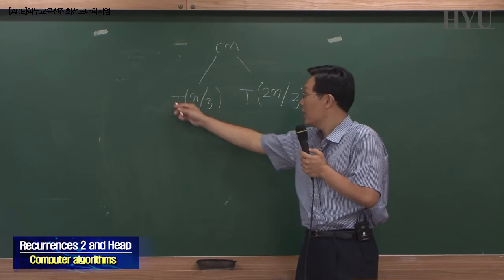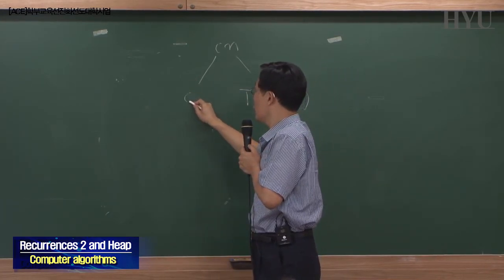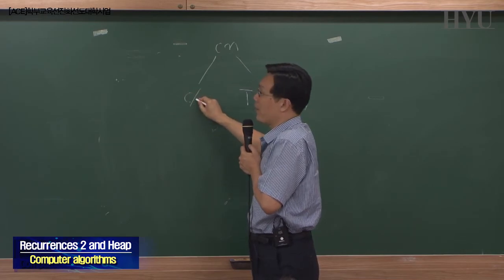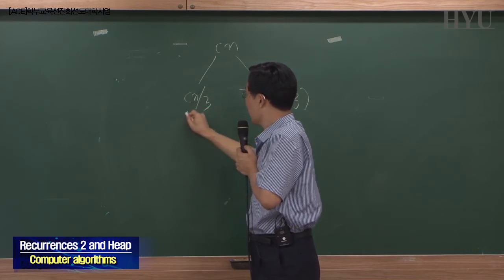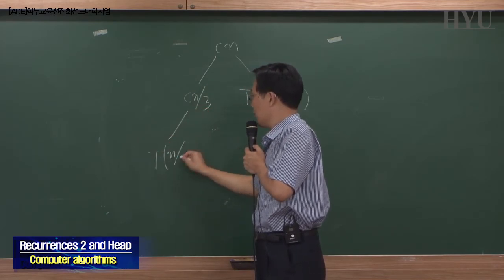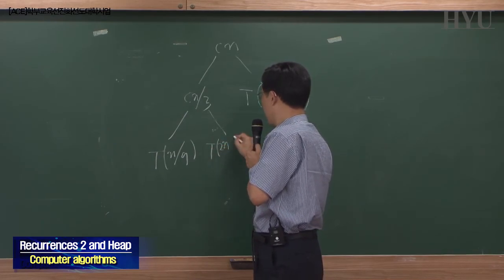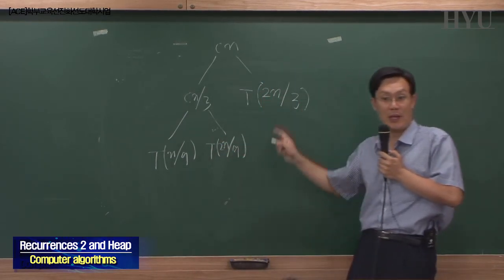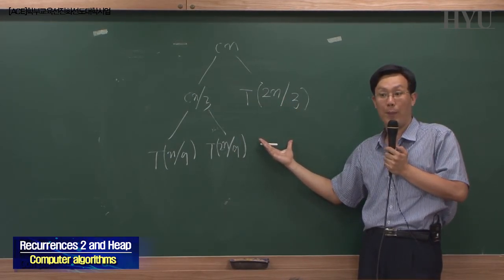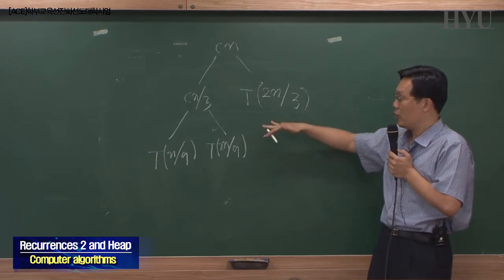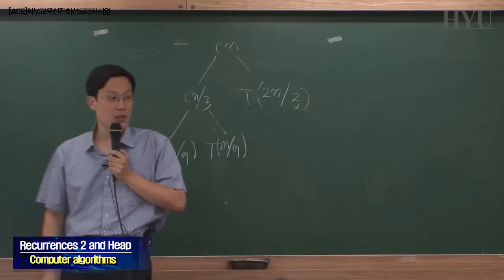Then this term is further changed into this, and this further changed into a similar form. So by doing this repeatedly, we can get this recursion tree.